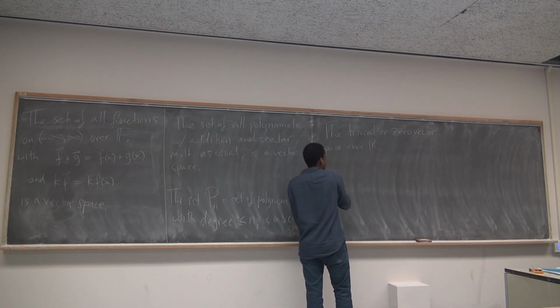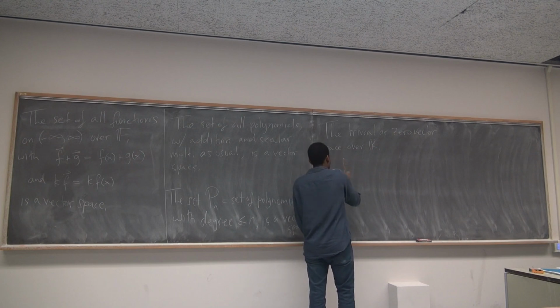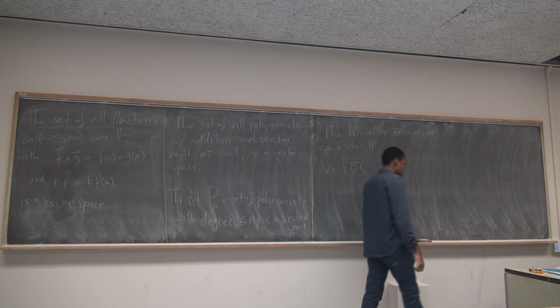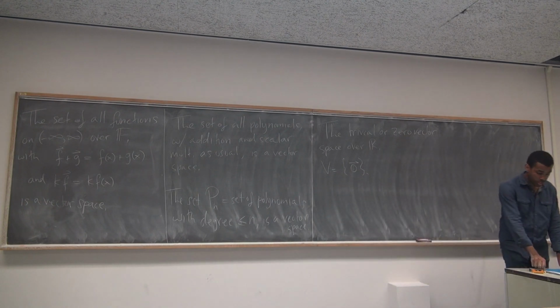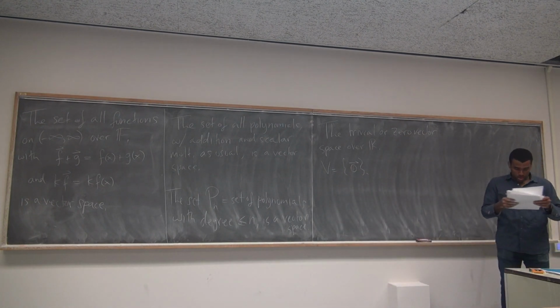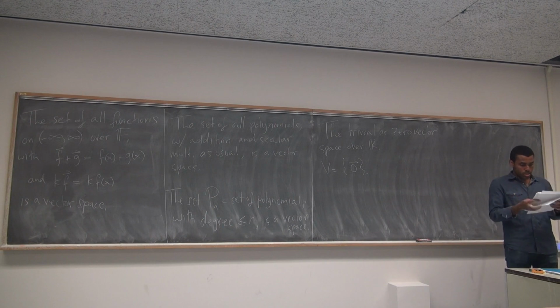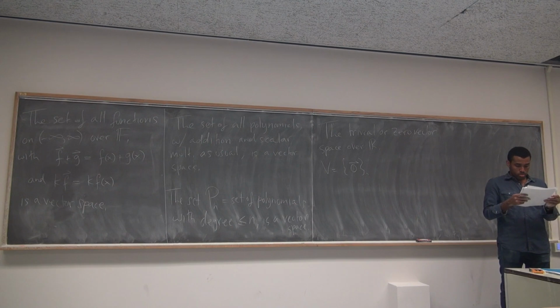So this is where the set is just the 0 element. With usual addition and scalar multiplication, that's a vector space. It fulfills all 10 conditions.